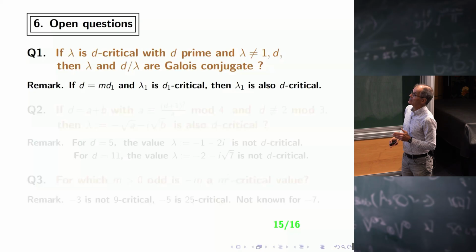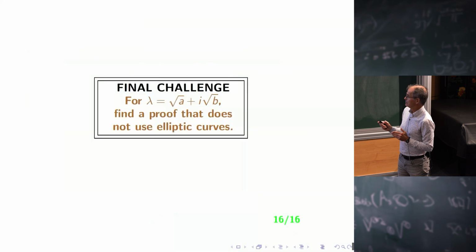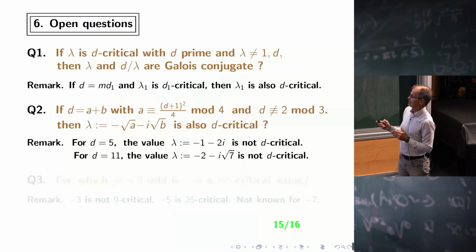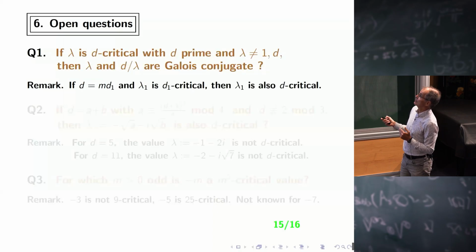But I noticed that always, when d is prime, lambda and d over lambda are always Galois conjugate, except for lambda equal to 1 and lambda equal to d.